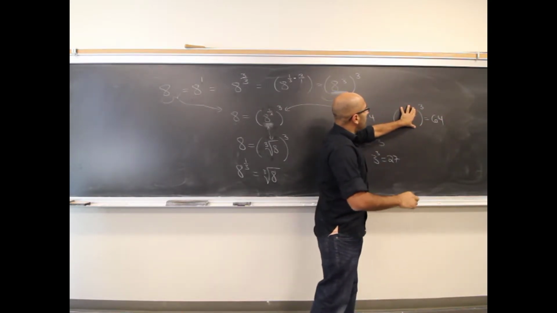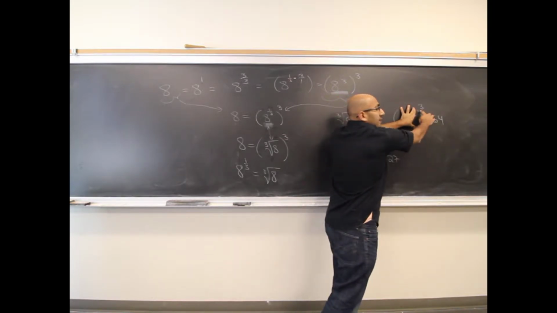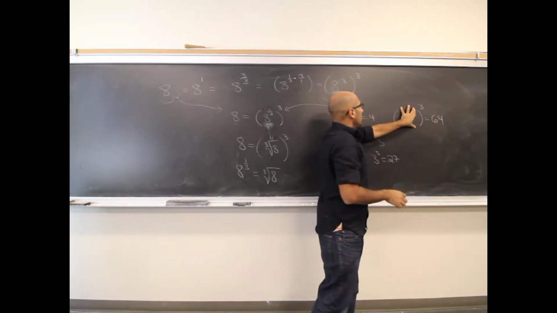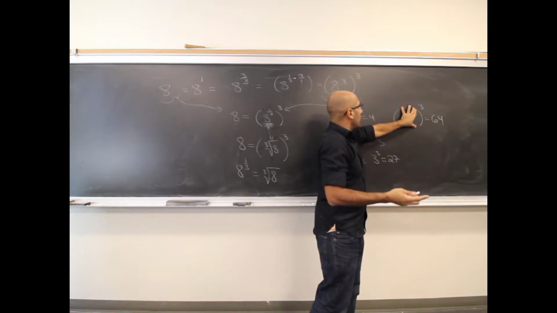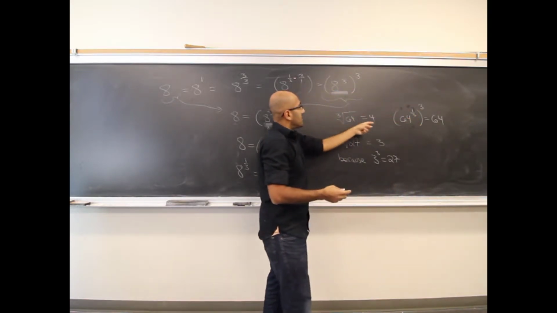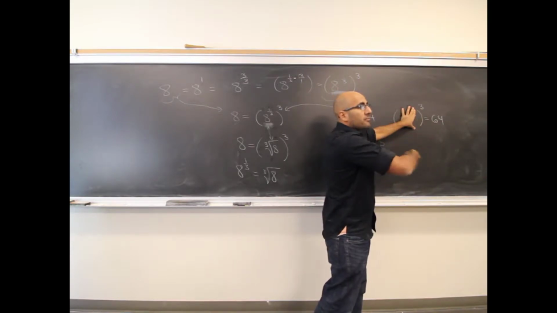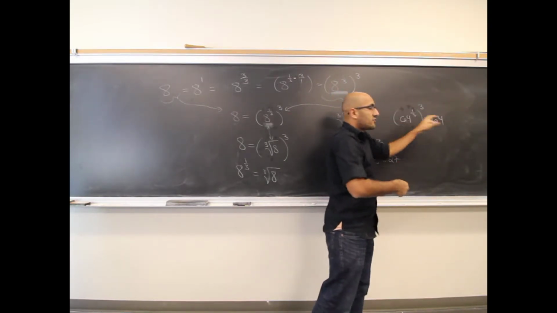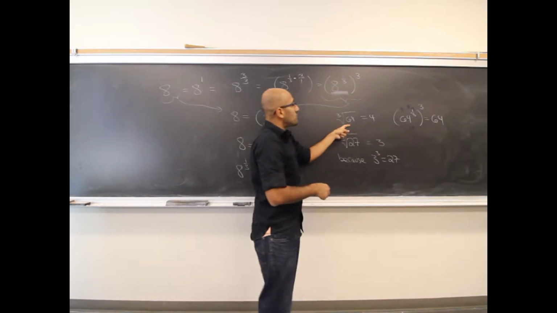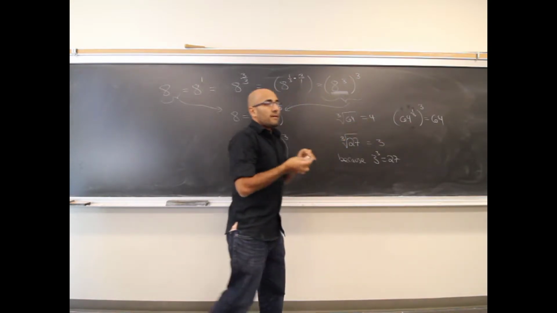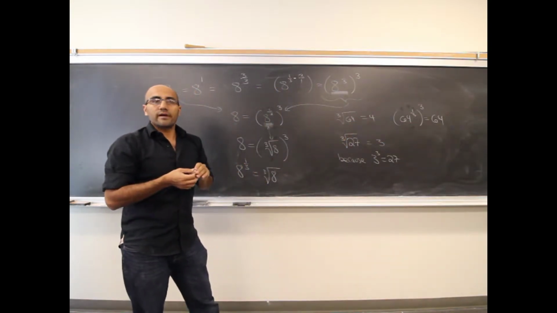I'm looking for a number such that when I cube it, the answer is 64. Well, hopefully we know that the answer is 4, which is behaving in the same way as this. So the answer is 4 because when we multiply 4 times 4 times 4, the answer is 64. And that's the same reason why this is an answer of 4. Good? Sort of, kind of.